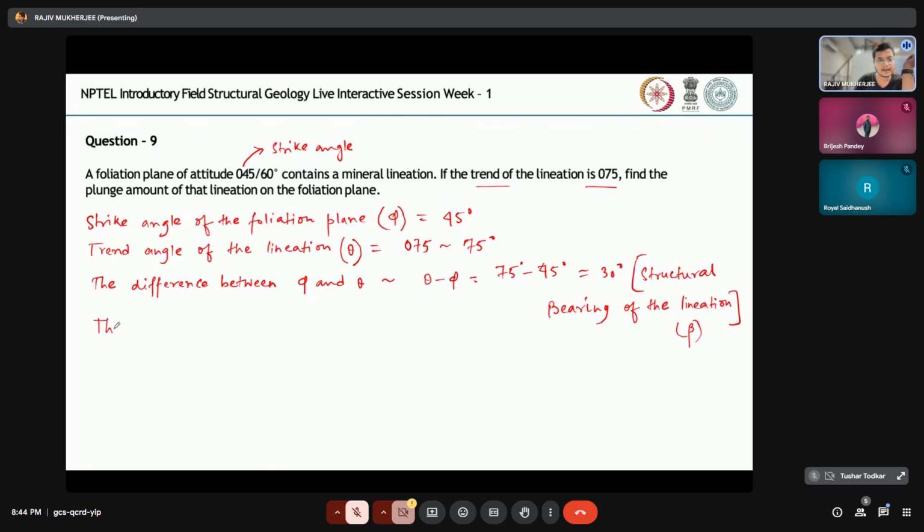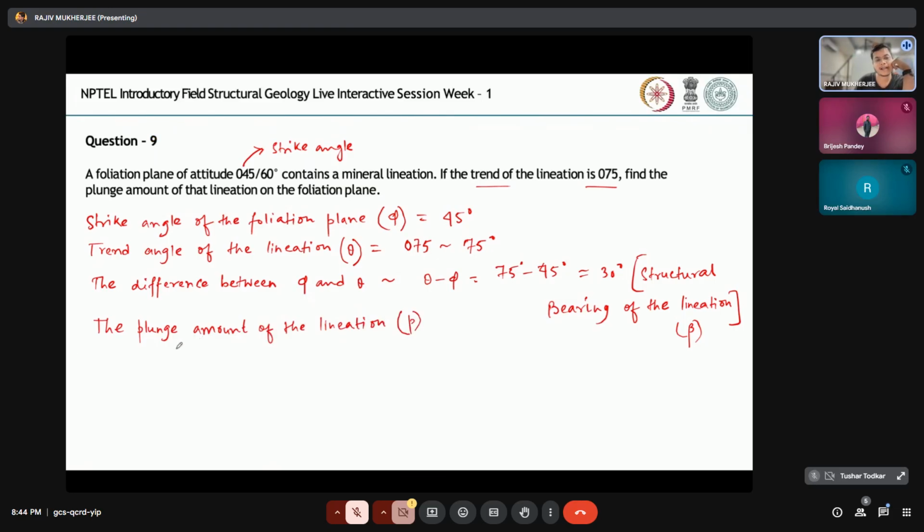Then the question asks the plunge amount of the lineation, which is generally written with small p.